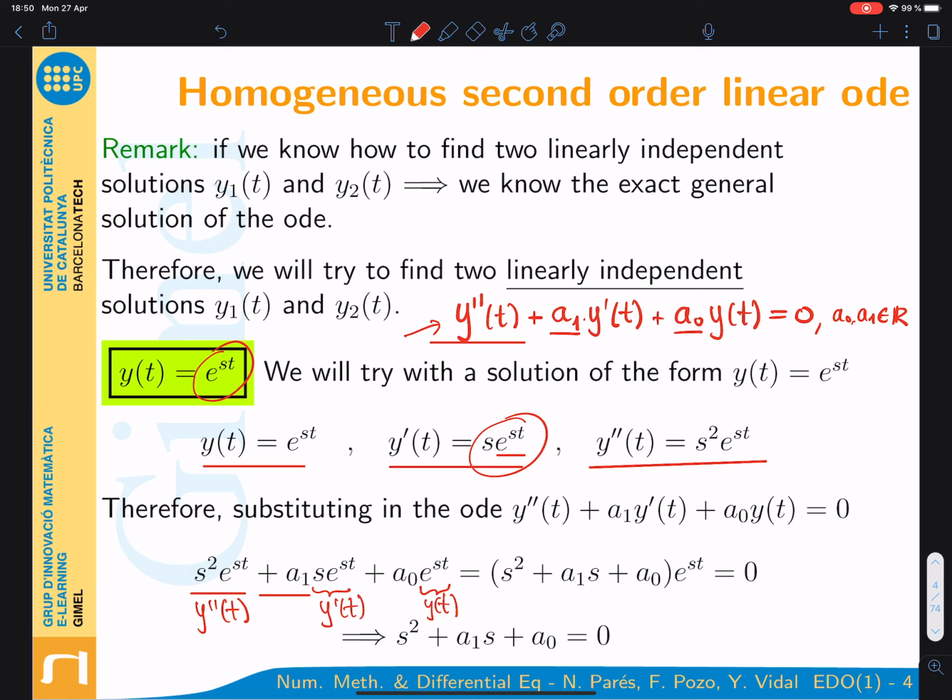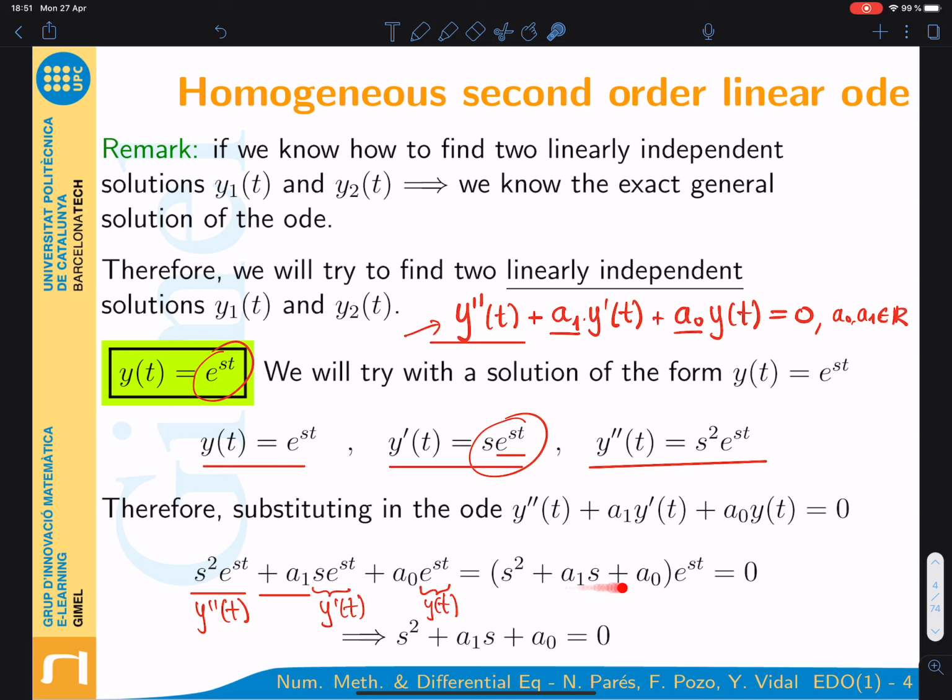So what we did is just to substitute y prime and y prime prime into the differential equation. And what we did here in the right hand side is just to take the exponential as common factor. Then what remains inside the parentheses is s squared plus a1 times s plus a0.